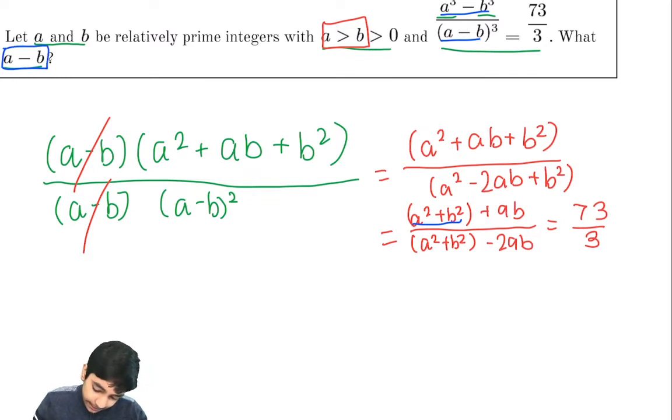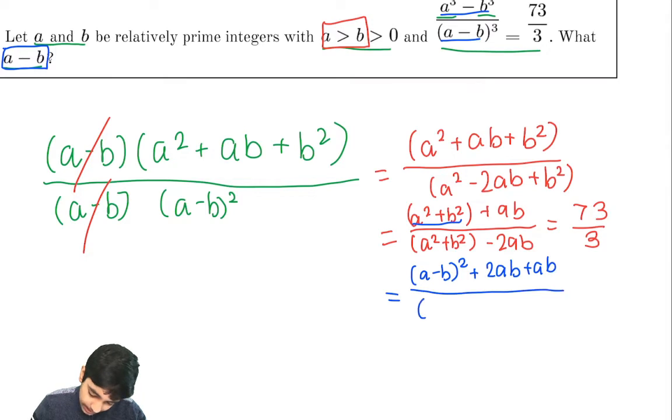So we can represent a squared plus b squared in terms of a minus b. It's going to be a minus b squared plus 2ab plus ab, divided by a minus b squared plus 2ab, because remember a minus b squared plus 2ab is just a squared plus b squared, so this quantity. Same thing in the denominator. So I'm rewriting it in this way.